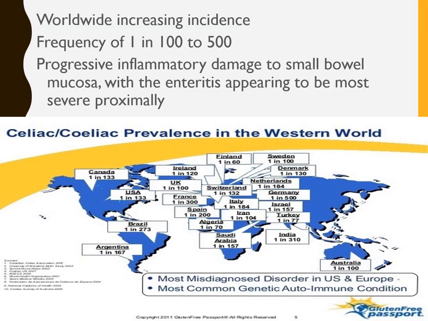This map is showing the world distribution of the prevalence of celiac disease. So you can see that there is a worldwide increasing incidence. The frequency is between 1 in 100 to 1 in 500. And I hope you can appreciate that in Algeria, for example, it's 1 in 70.